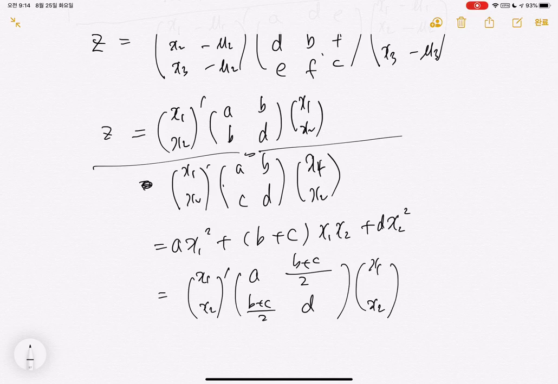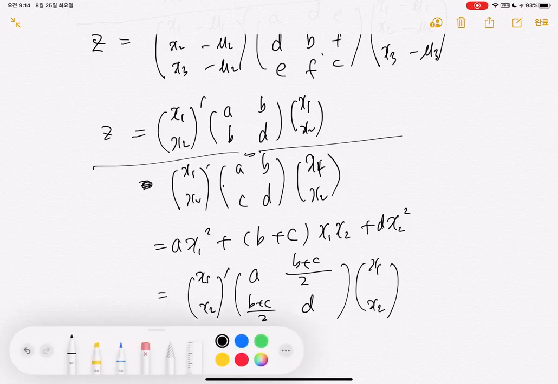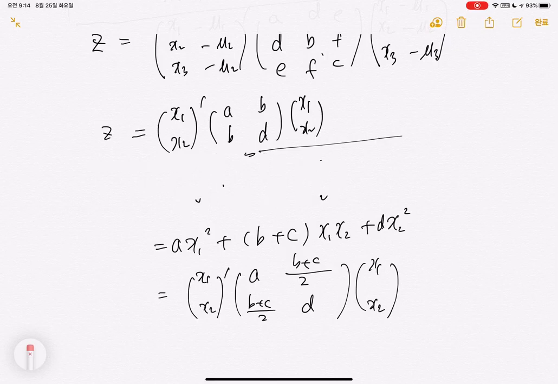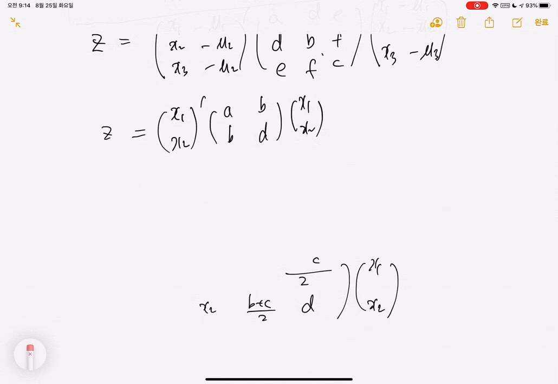Since the results are always the same regardless of what the b and c are, we don't need to consider this case, because the matrix in the middle can be made a symmetric matrix.